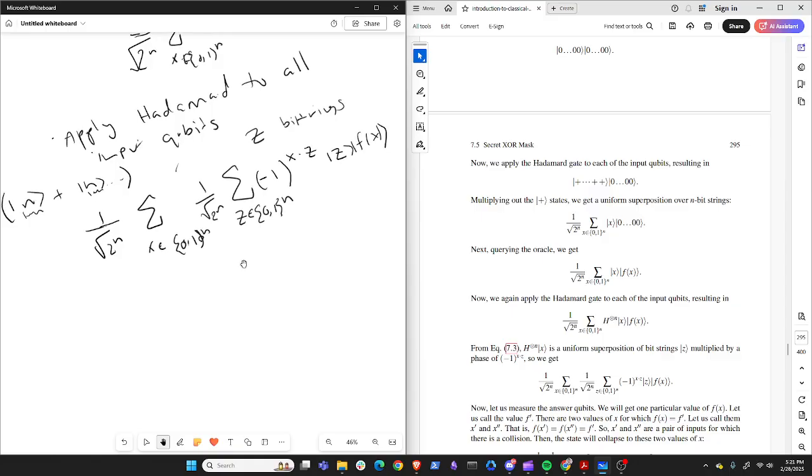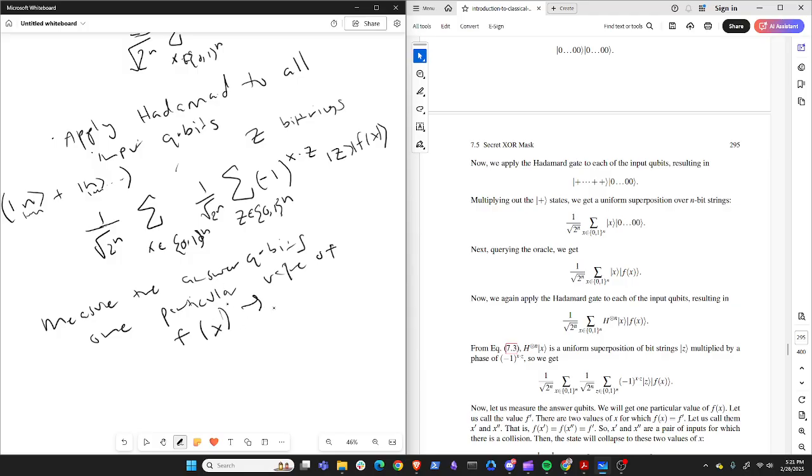So if we now turn around and we measure the answer qubits, we get one particular value of f of x, called in the textbook f prime.